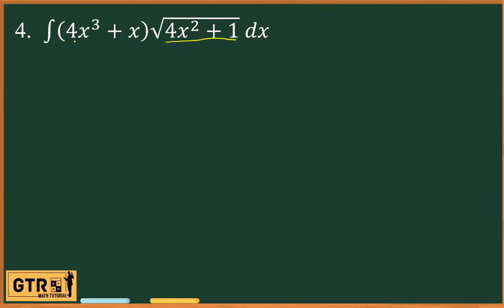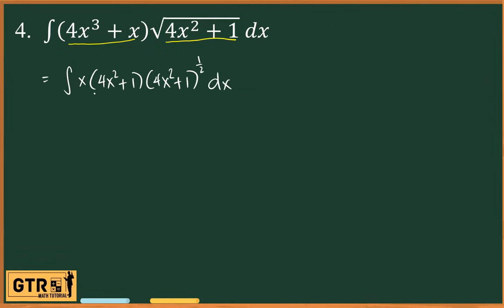For this, let us simplify first. We have 4x cubed plus x, so we can factor out x. We have x times 4x squared plus 1, and then another 4x squared plus 1 square root, which is an exponent of 1/2, dx.